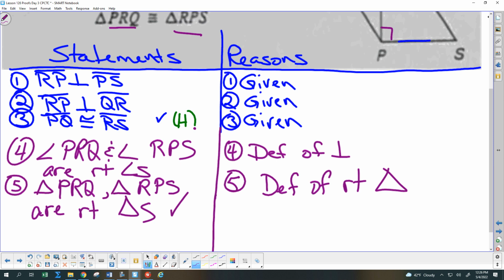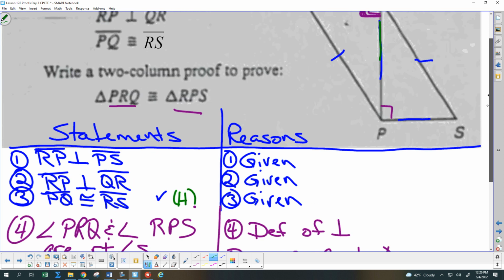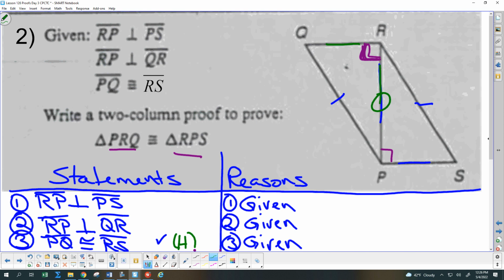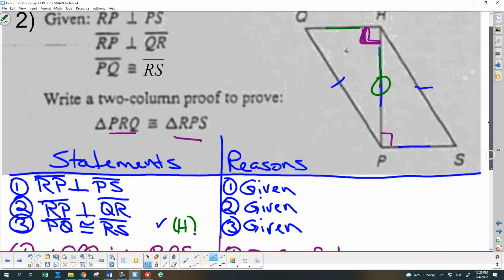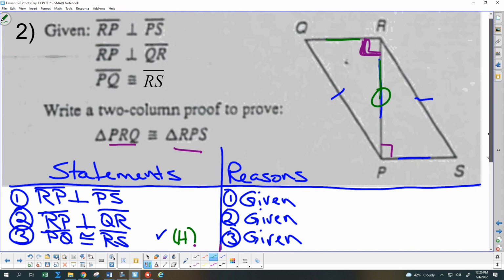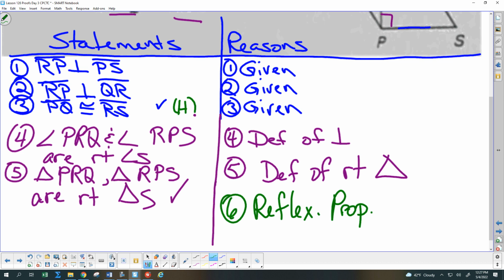And Abby, you said what property for the leg? So reflexive property. For this shared side between P and R. So I'm going to write it down either RP or PR first. And so I'll do PR is congruent to, and then I either need to write the other one, PR or RP.